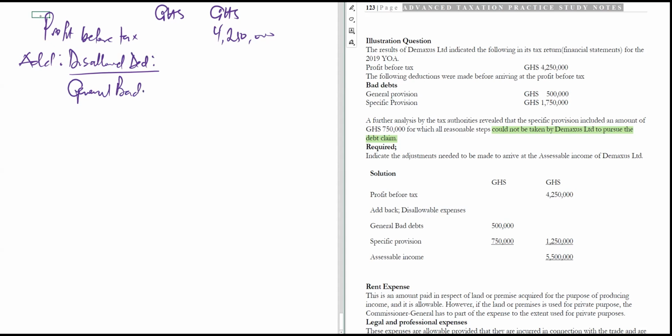How much was the general bad debt? That was 500,000. Then the specific bad debt, we can disallow only the portion for which we could not take all reasonable steps. But if I like, I'll disallow all. The specific bad debt, I'll disallow all, which is 1,750,000, so that I can only take the allowable part. So this gives us what? 2,2... to give us 2,2 what?